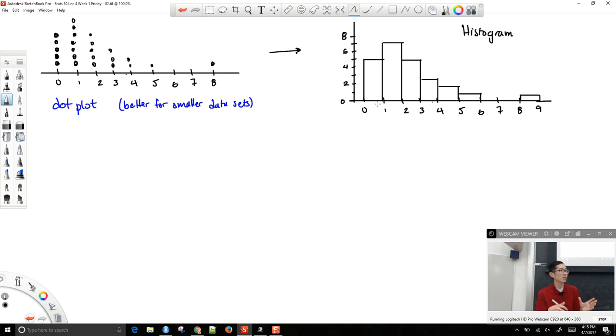Does that make sense? Histograms are better for larger data sets because we can bin our values together.